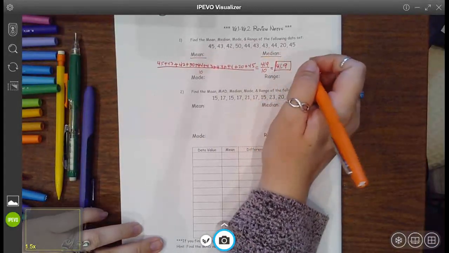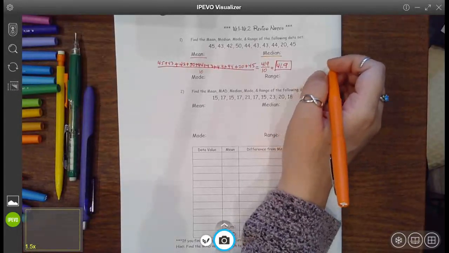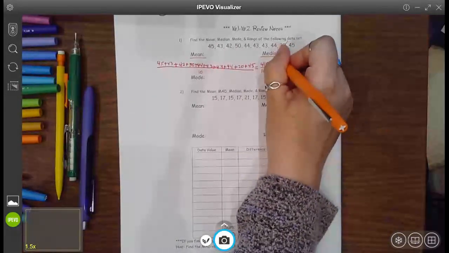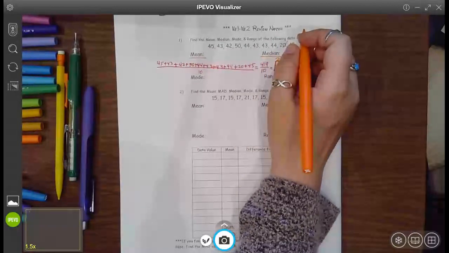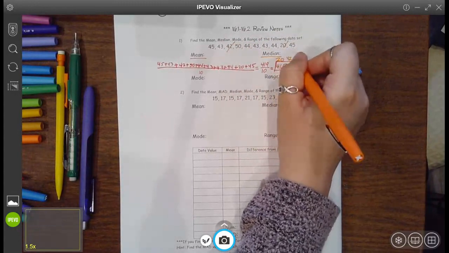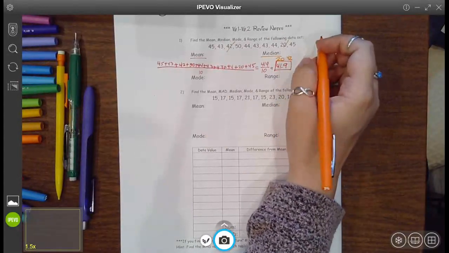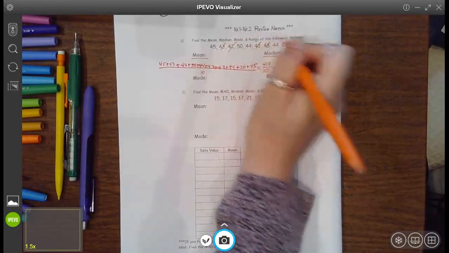Okay, the median. We have to first write them all in order from least to greatest. So the smallest number I see is 20. Then 42, I think, is the next smallest. Okay, and then 43, but I see it more. Okay, 1, 2, 3 times.